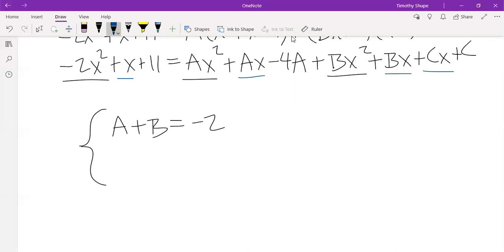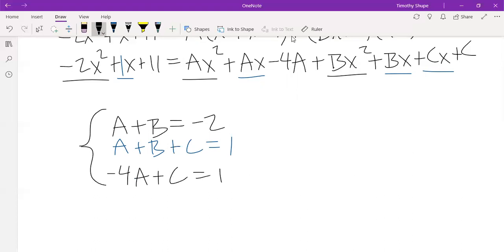So I've got 1a plus 1b plus 1c should equal a positive 1, because that's the coefficient on my x right here. And then for that third equation, any term that doesn't have an x, I've got negative 4a. I have a positive c, and those need to add up to 11. So those were the last two terms that we hadn't done anything with.